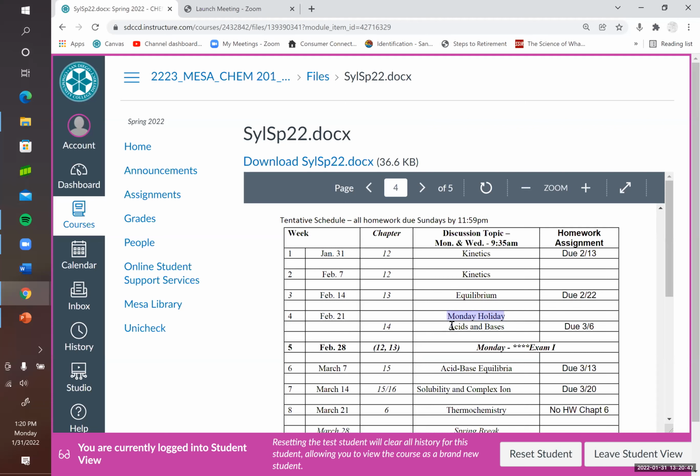And then on Wednesday, we start the acids and bases chapter. So this due date isn't a Sunday. It's a Tuesday night, I think. Right, because Monday's the 21st, but we don't meet, it's a holiday. So I pushed that homework back to Tuesday night, the 22nd, and then we meet.